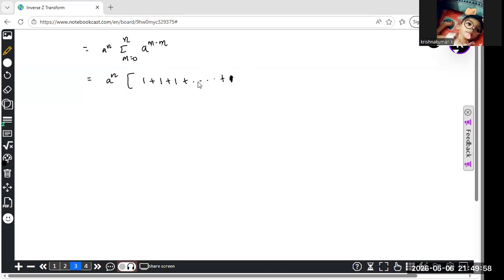But how many times are we having this one? Here it starts from m equal to 0 to n. So the first term is when m is equal to 0, we have this term 1, and when m is equal to 1, we have this one. The last term will be when m is equal to n. So if we count, we have n plus 1 terms here.